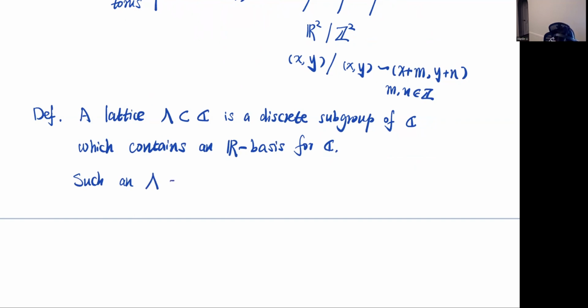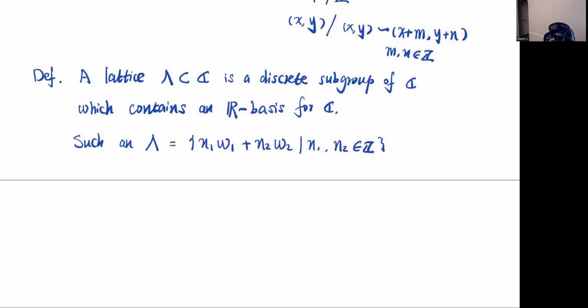So you can always concretely write it as n1 times omega 1 plus n2 times omega 2 for some n1, n2 in Z, and omega 1, omega 2 are complex numbers in C that are linearly independent. Okay, so such a subgroup of C is called a lattice.